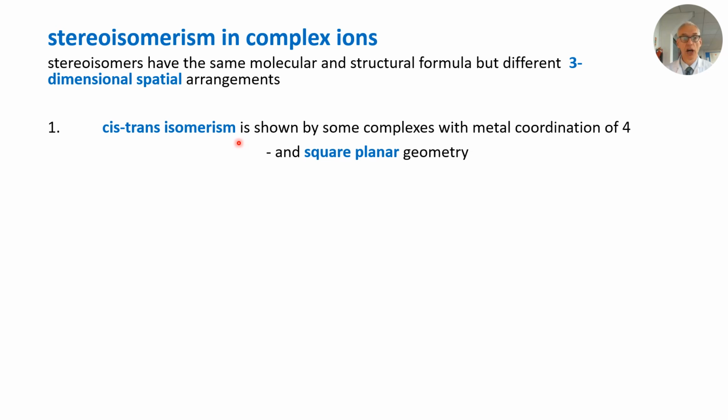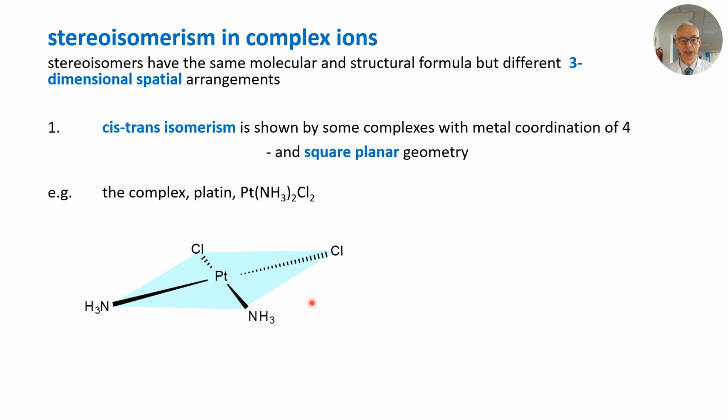We're going to start with the occurrence of cis-trans isomerism in complexes with a metal coordination number of 4 and a square planar geometry. The example from the specification is the complex cisplatin, which is a platinum ammonia chloride complex.